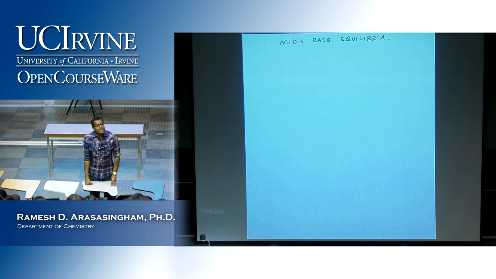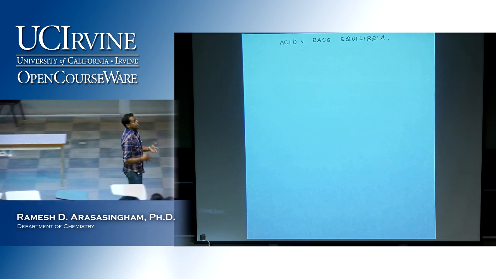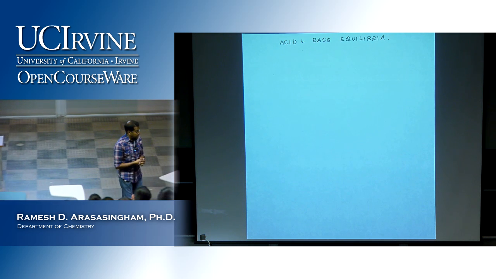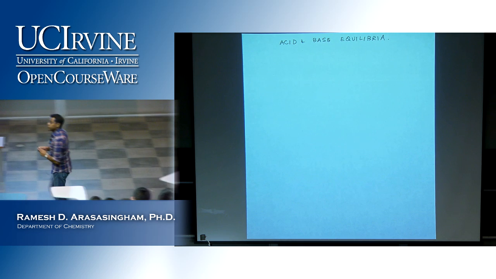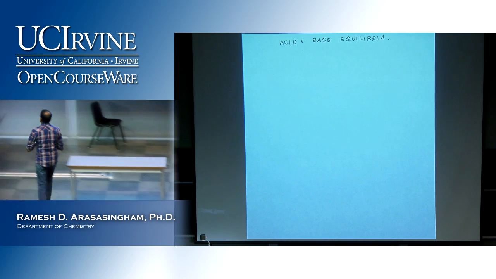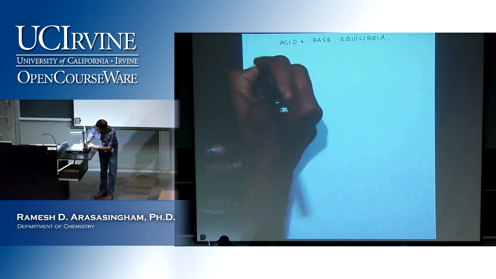Now, if we want to really understand how acids and bases behave, we have to start with how do you define an acid or a base. And so we're going to go back in history, and the earliest definition for an acid or a base comes from Arrhenius. And so we call this the Arrhenius definition.